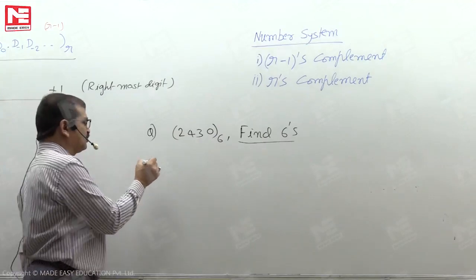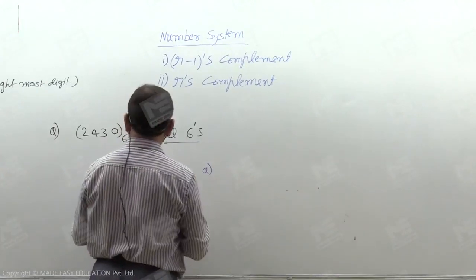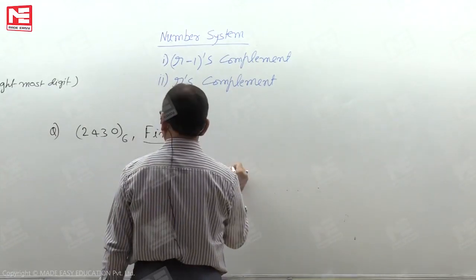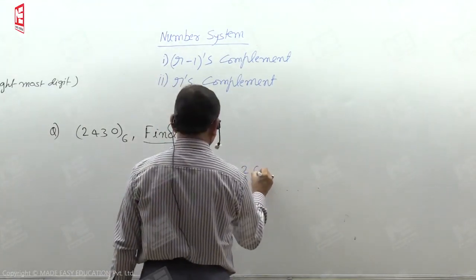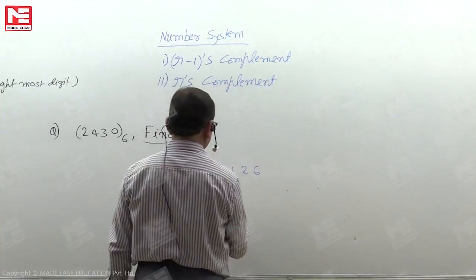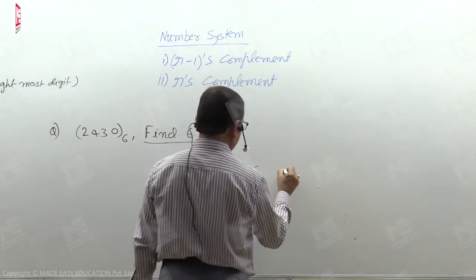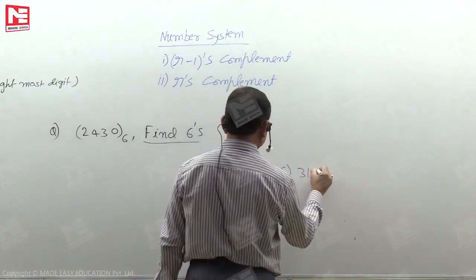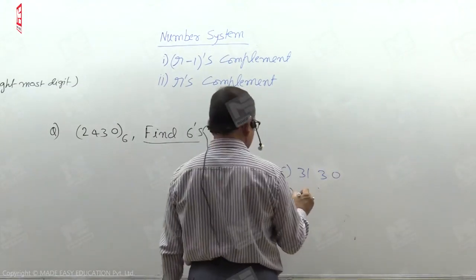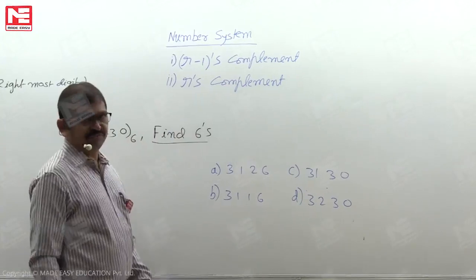You may see some options A, B, C, D like this.